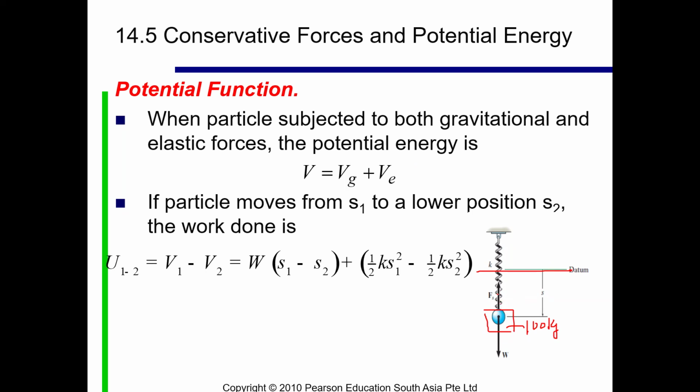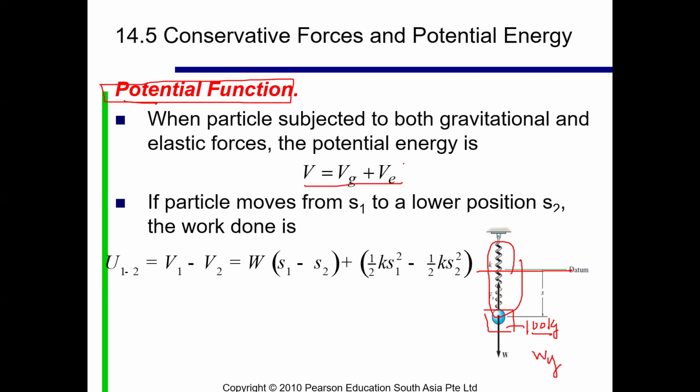In this case, there is a stretch within the spring as well, and there is a weight involved as well. So Wy will also be there, positive or negative depending on the datum position. And similarly, the spring term will also be there. So we call this the potential function. In combination, when both types of potential energy are present, it is called the potential function.